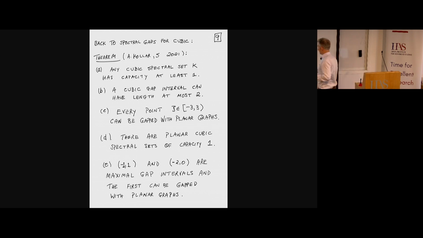And that's sharp in the sense that we'll see two kinds of intervals which are length exactly 2, so they are maximal gap intervals. And those are the kind of things that I'd really like to understand, the maximal gap intervals.